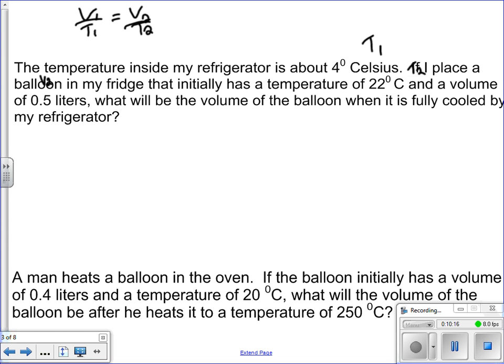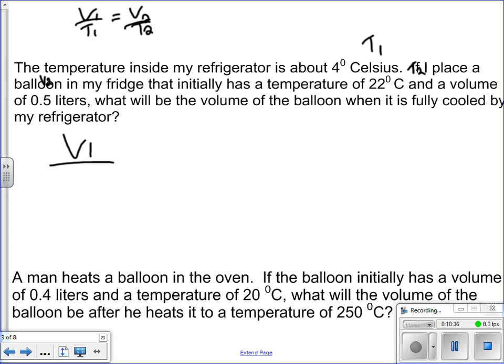So now, first thing we have to do before we can plug these in, we have to change them to Kelvin. And I should finish reading the question. What will be the volume of the balloon when it is fully cooled by my refrigerator? So we're solving for V1.